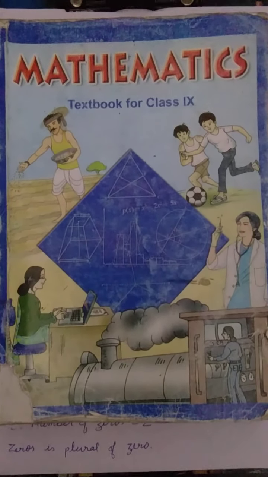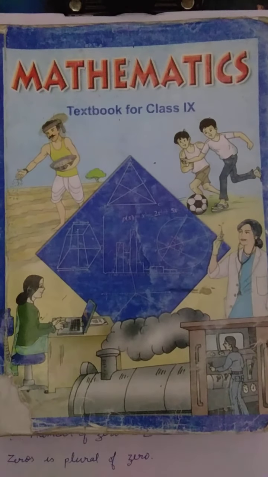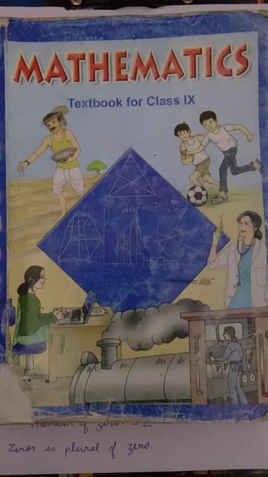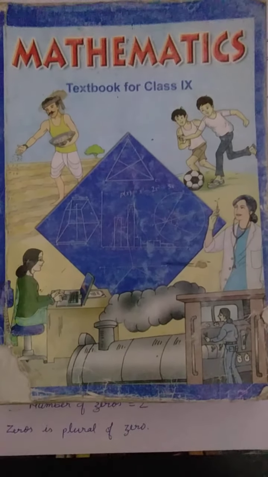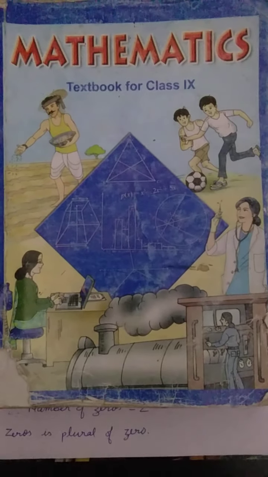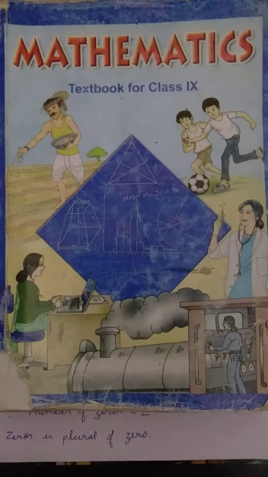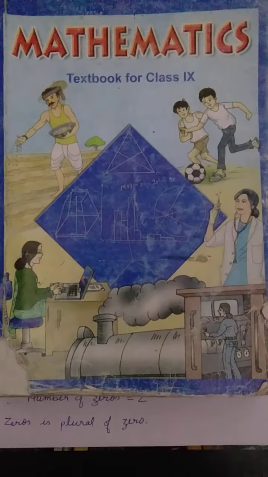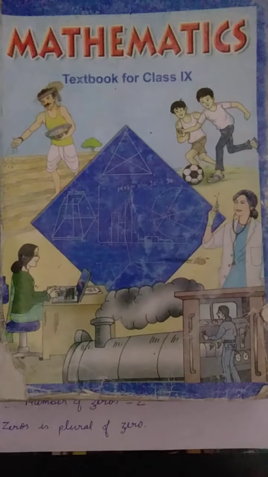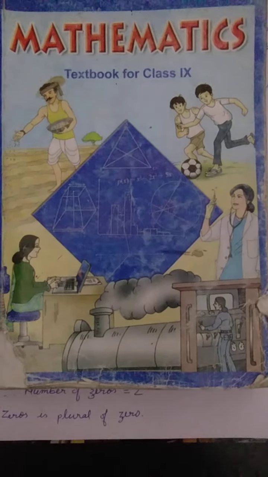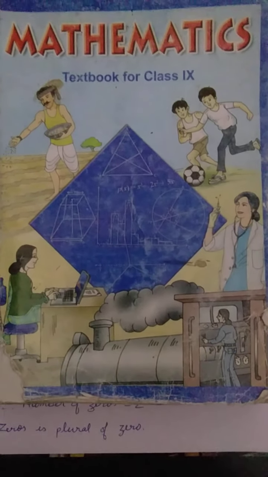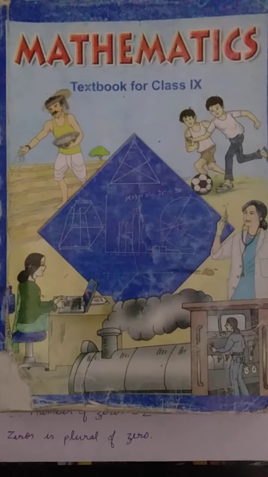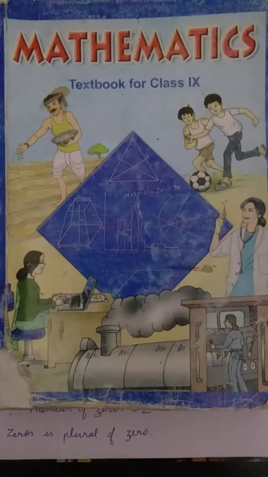Hello dear students, as we have discussed in the previous session all about the polynomial: kinds of polynomial on the basis of degrees, kinds of polynomial on the basis of number of terms, and so many things, like the technical terms: variable, constant, and the combination of variable and constant, which is the algebraic expression.